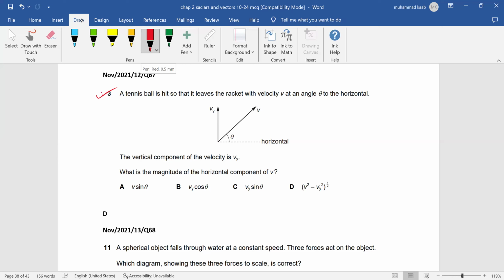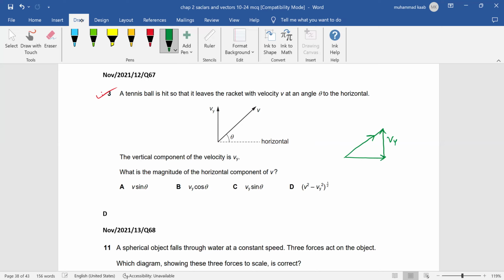Okay, if you draw a vector triangle, you'll get your answer, right? If you try to solve this using vector resolution, you won't get the answer. But if you use the vector triangle, say this is the horizontal component, this is the vertical, and that is the resultant. We know the vertical component as Vy.